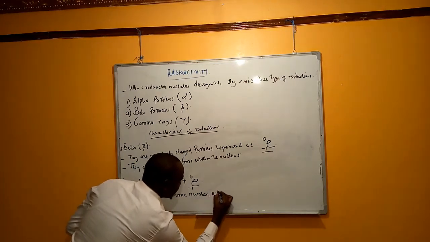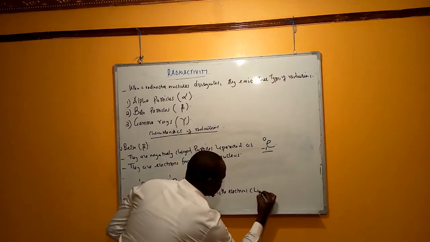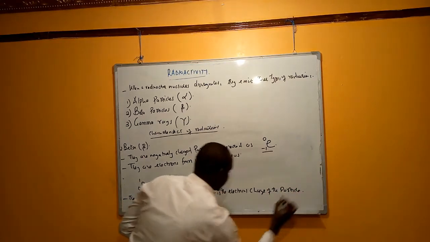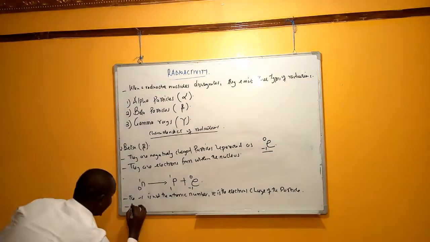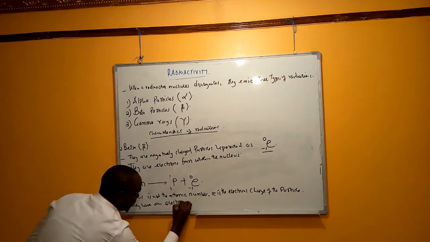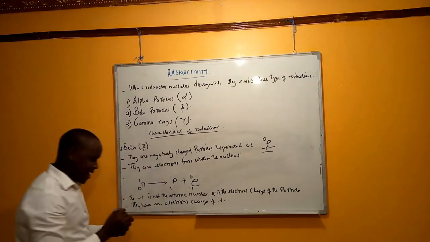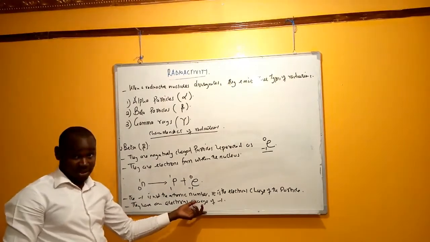It is the electrical charge of the particle. And therefore, you can say one of the other characteristics of beta particle is that they have an electrical charge of negative 1. This is all about beta particle.